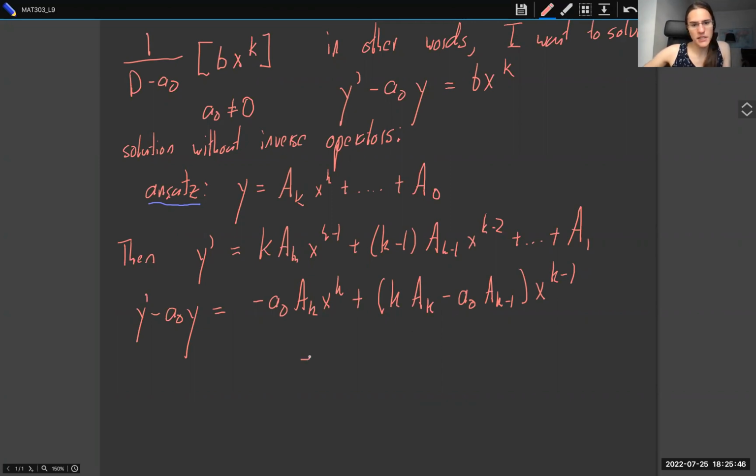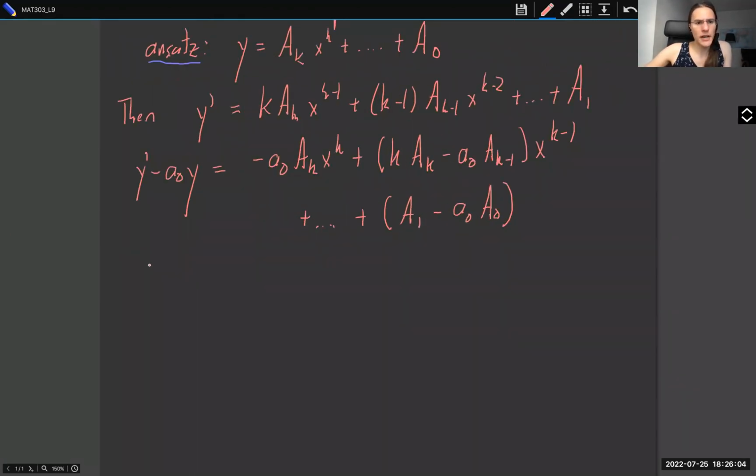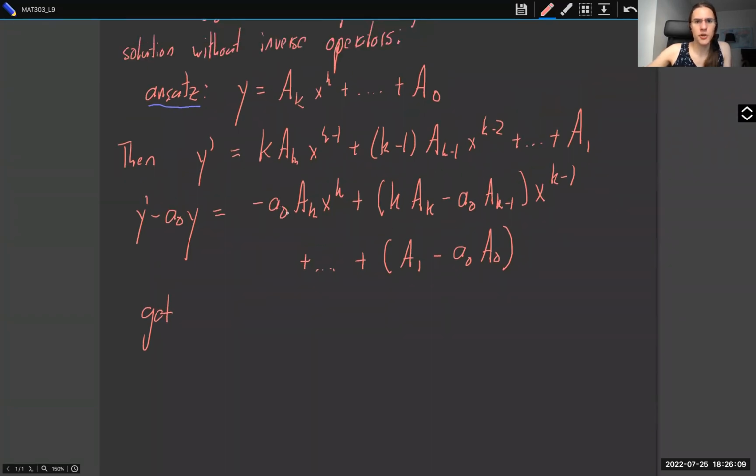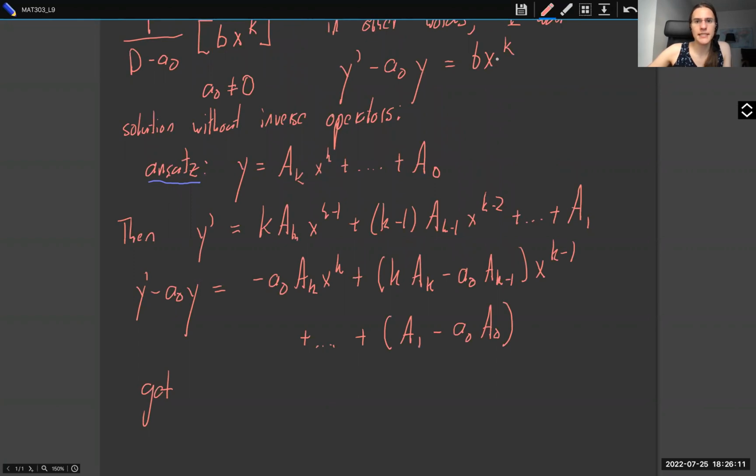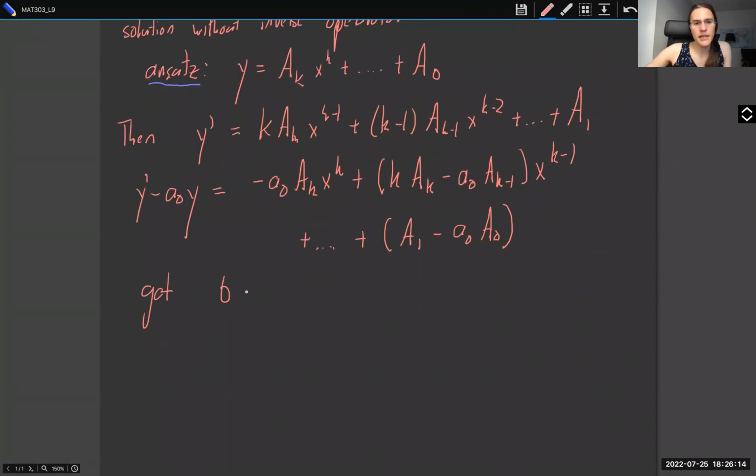And then this is going to continue all the way down to the last term, which is going to be a1 minus a naught times a naught. And so we get the equations that if we want to see what this should equal, it should equal bx to the k. So b is equal to the leading coefficient, which is k a sub k.